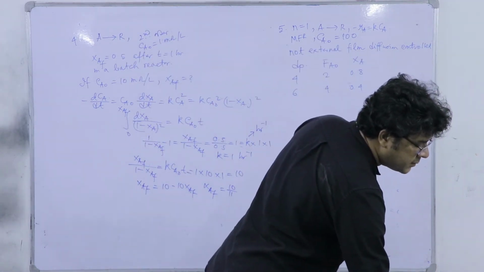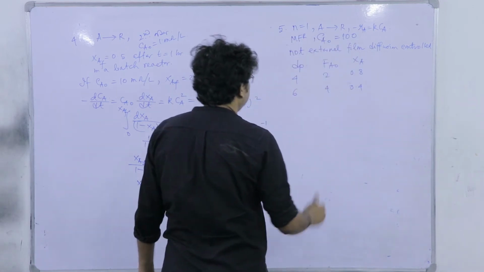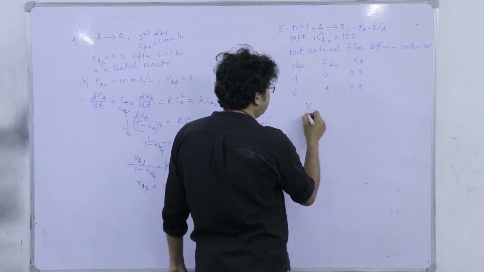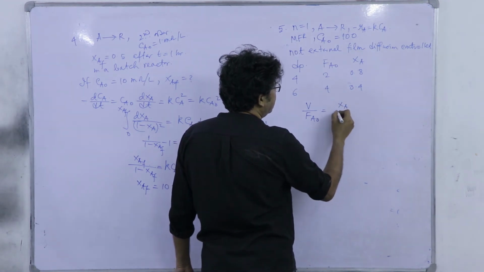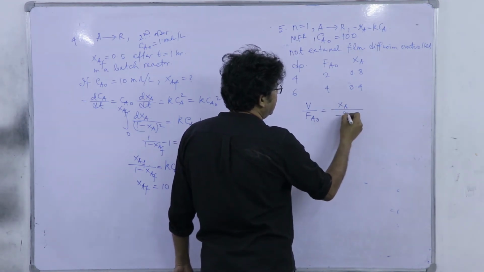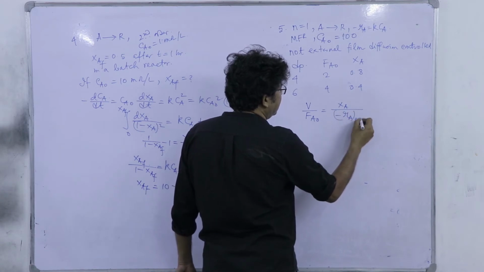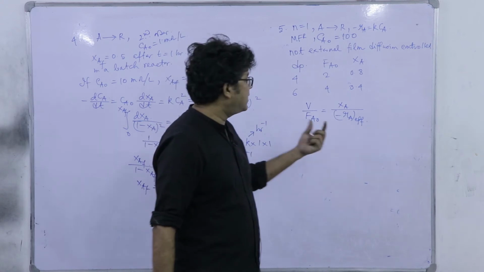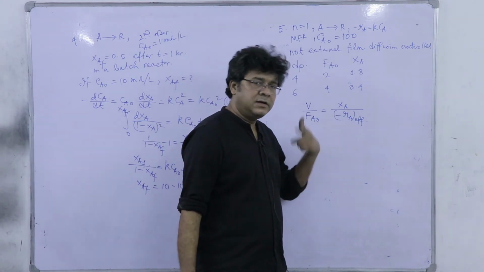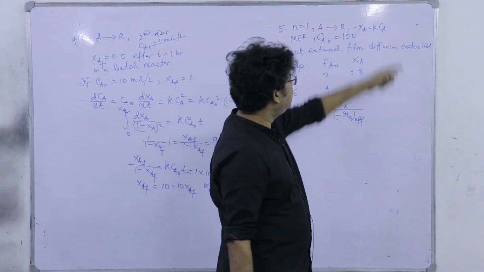You see, when it is MFR, we have V by Fa naught equal to Xa by minus Ra effective. Minus Ra effective is equal to epsilon into minus Ra, and minus Ra is K Ca.